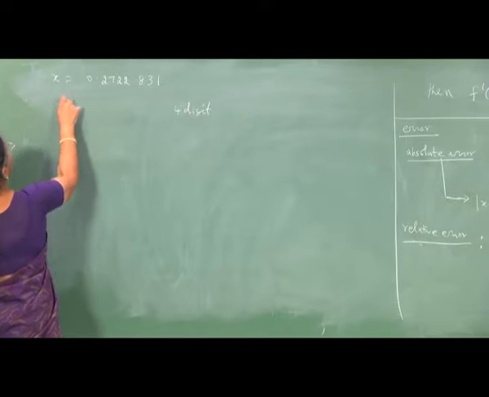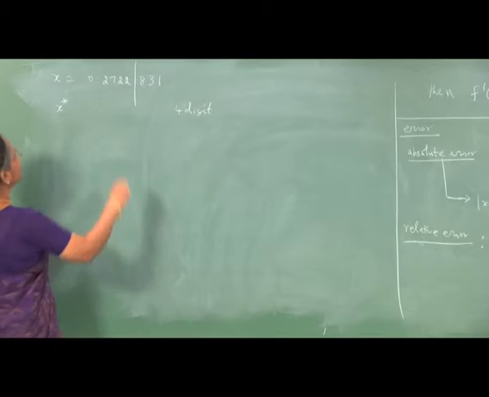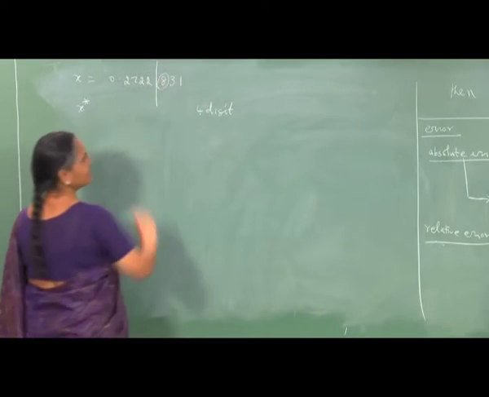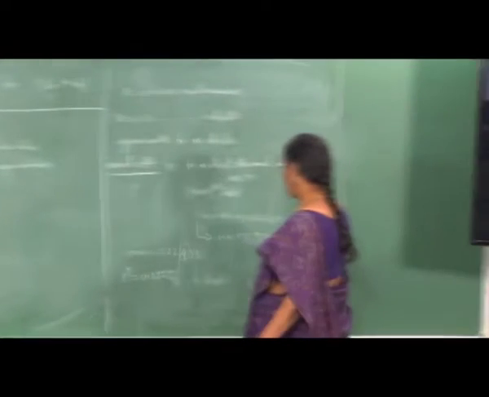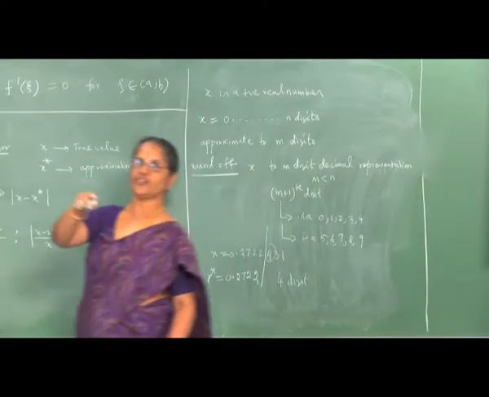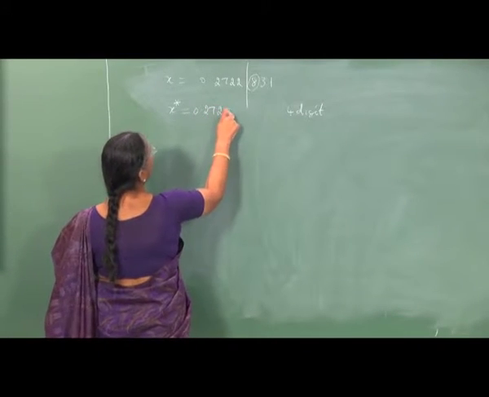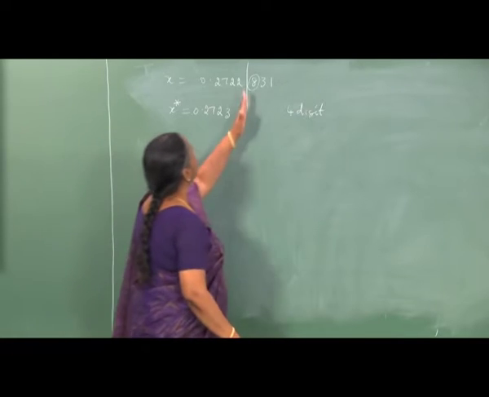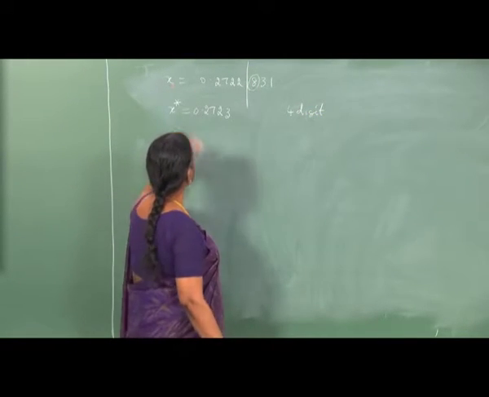So, I again look at the first 4 digits and see what the 5th digit is, and the 5th digit is 8. Therefore, the rule is I add 1 unit to the 4th digit, so that I get 0.2723, and then discard the rest of the digits from x.